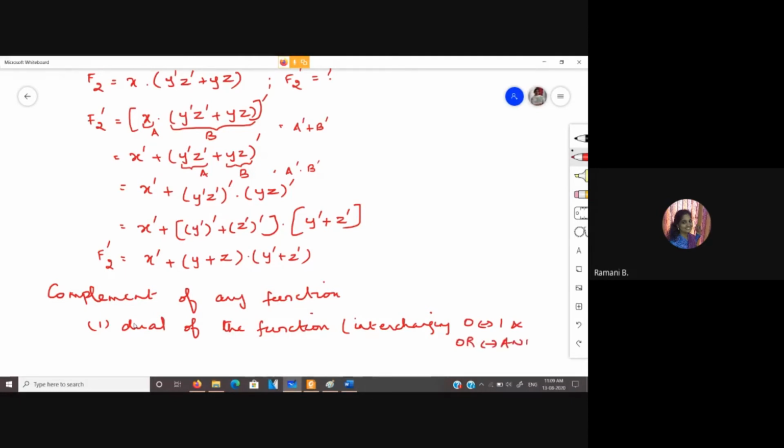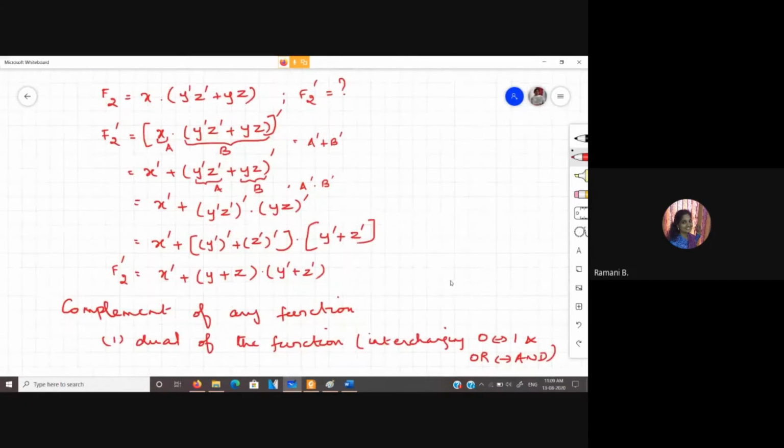That is what the dual is, right? As we saw yesterday. For this particular example, the dual of f2 is, here we don't have any zeros and ones, so we will be just changing the OR and AND operations.